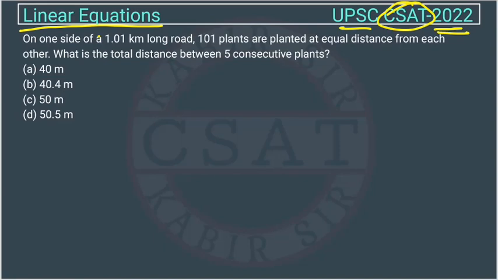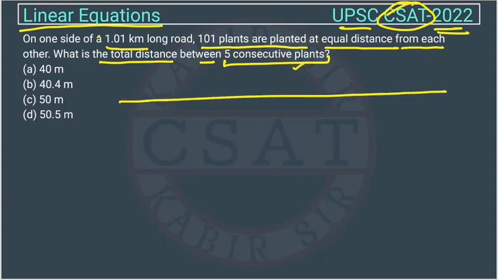On one side of a 1.01 kilometer long road, 101 plants are planted at an equal distance from each other. What is the total distance between 5 consecutive plants? So there is a road, and the length of the road is 1.01 kilometer.